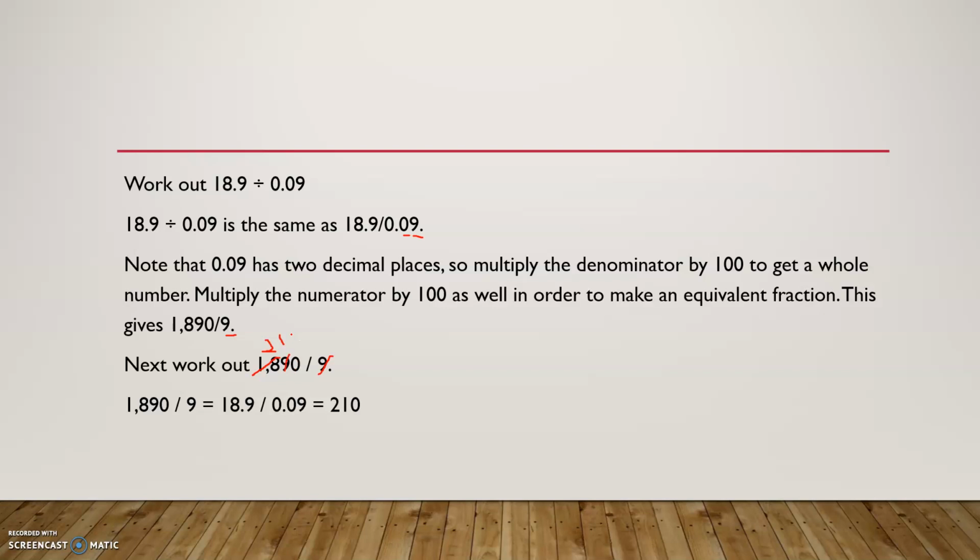And then we have to add this 0. So 1890 divided by 9, which is the equivalent of 18.9 divided by 0.09, and our answer is 210. So that's how we can do the division in terms of decimal places.